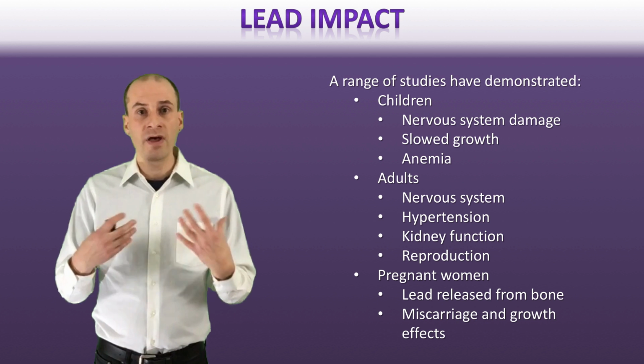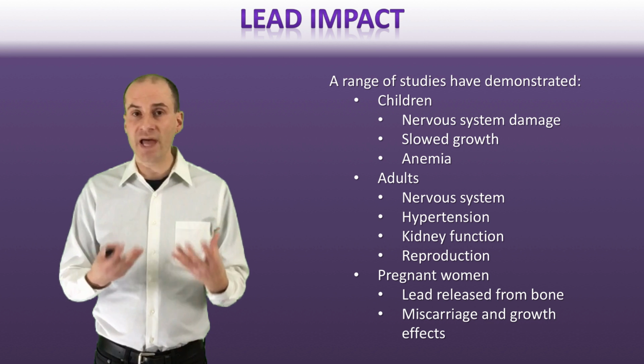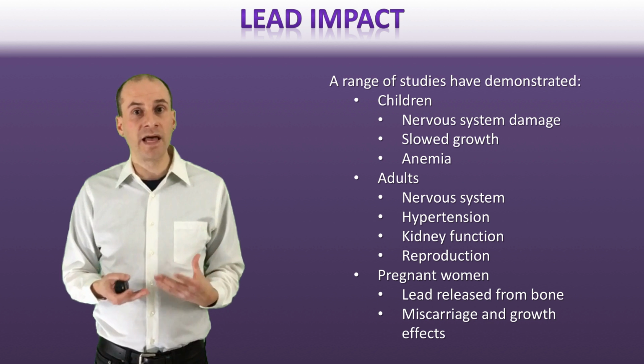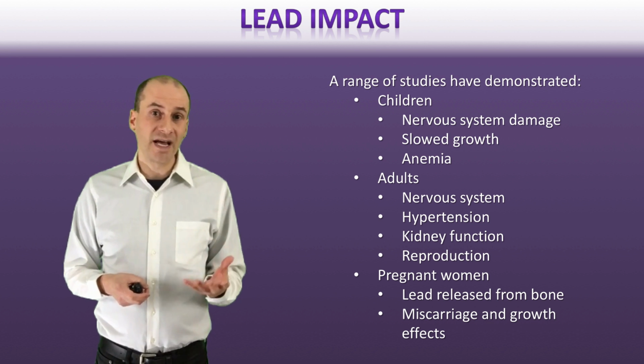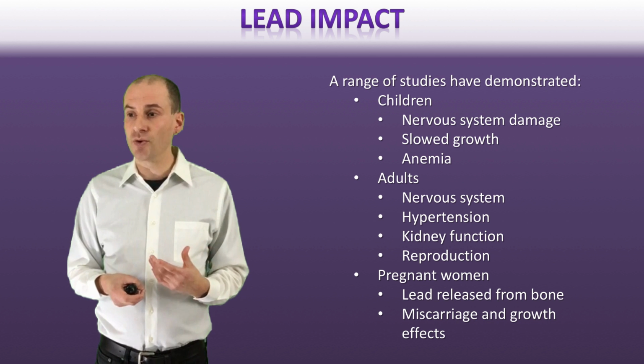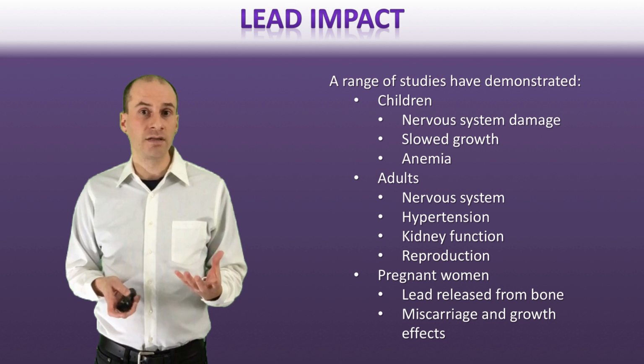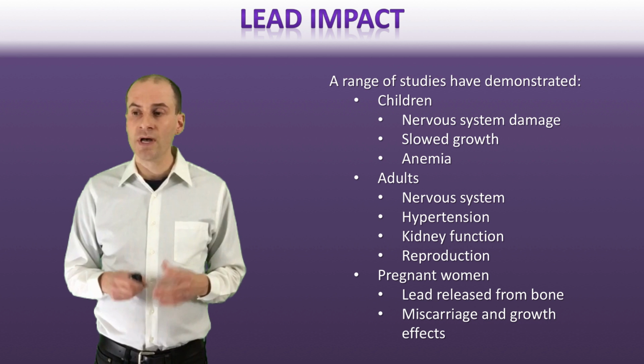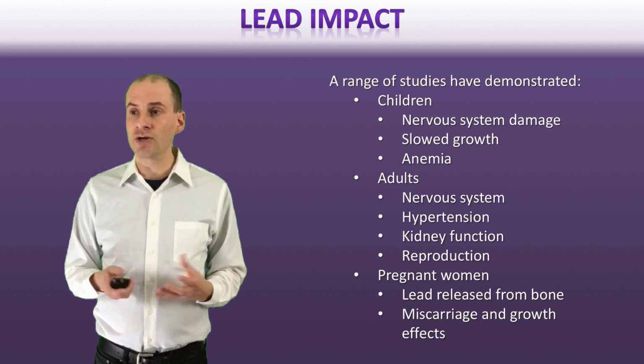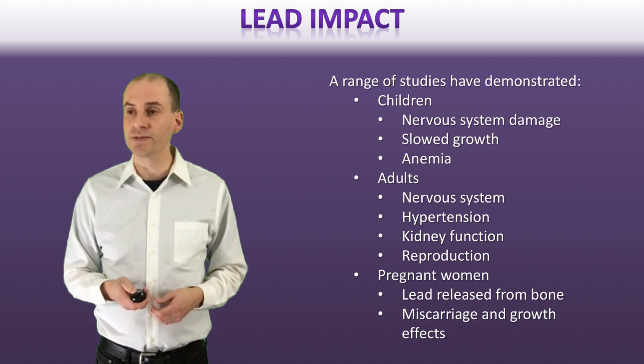So some women who have stored lead in their bones can have spikes in lead in their blood, and this can cause miscarriages or growth impacts on the fetus. So that's another thing that we are concerned about in terms of these lead exposures.